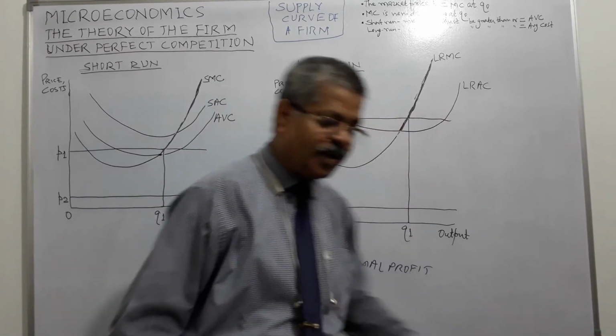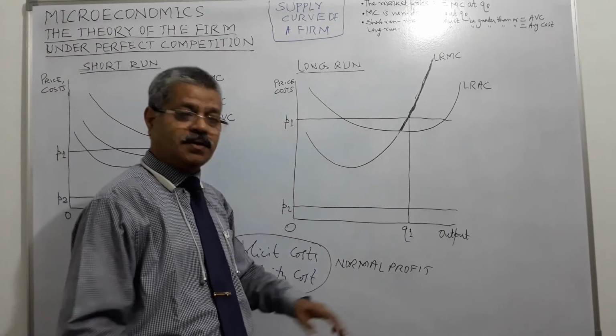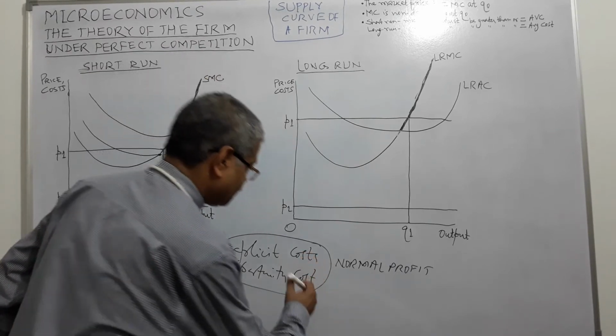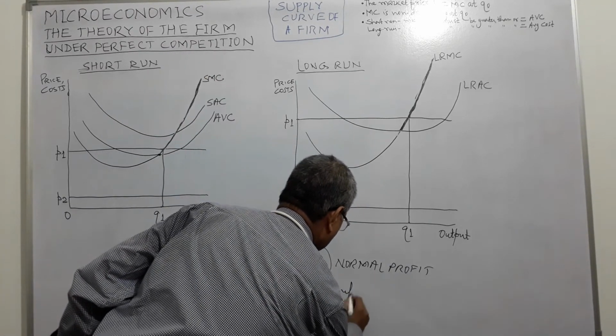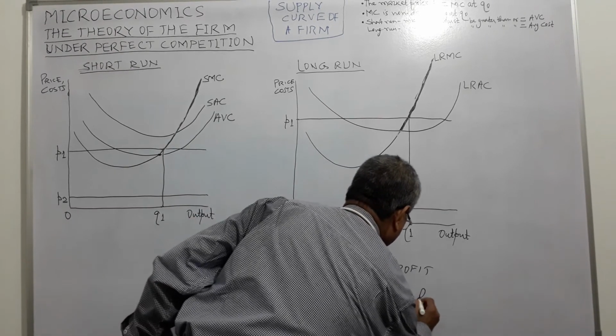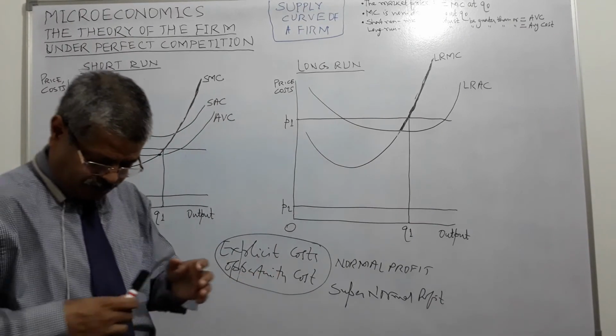And when a firm is able to earn more than normal profit, that is called supernormal profit, right? So what is normal profit?